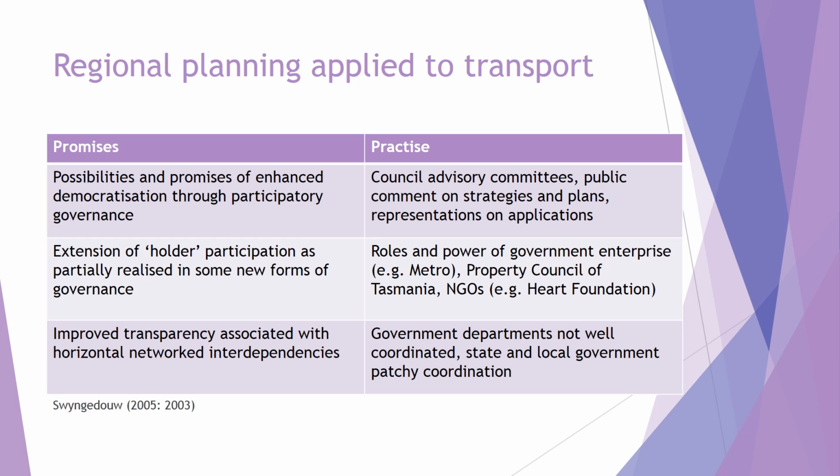And part of this is a resourcing issue. Department of State Growth was cut a lot when the Hodgman government came in as part of their promises around reducing the size of government, and that made a big difference in terms of their ability to actually deliver planning.